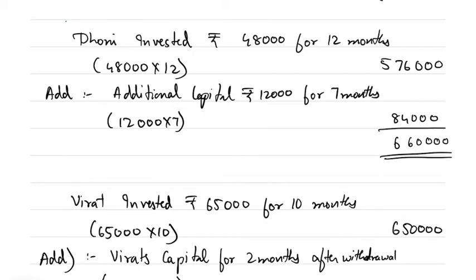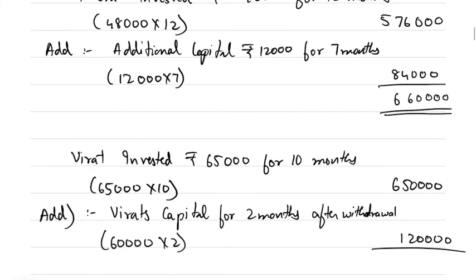So 60,000 into 2. Okay. So this has become 1,20,000. So Virat's total capital is 7,70,000.